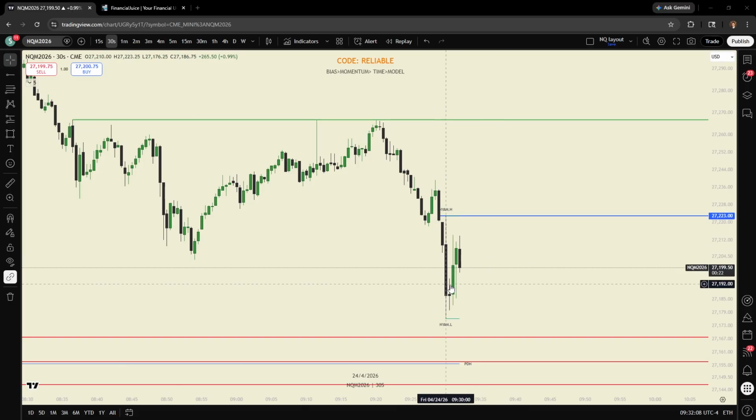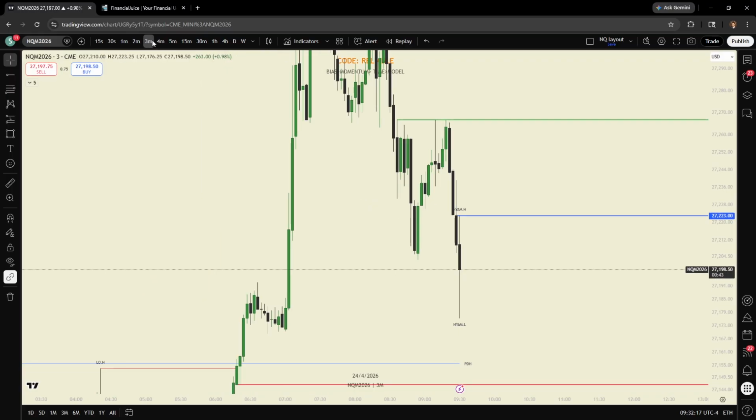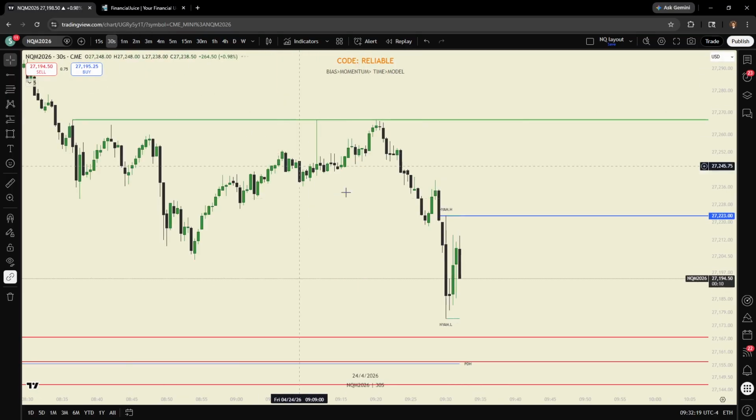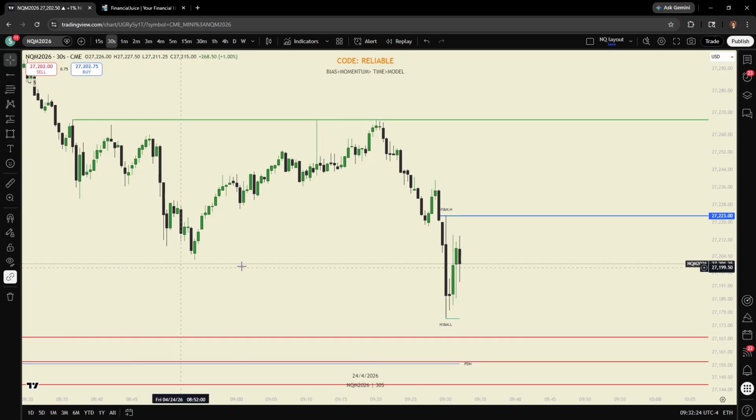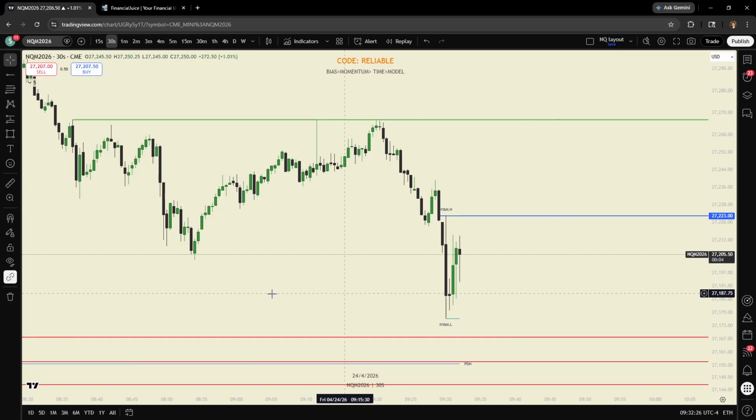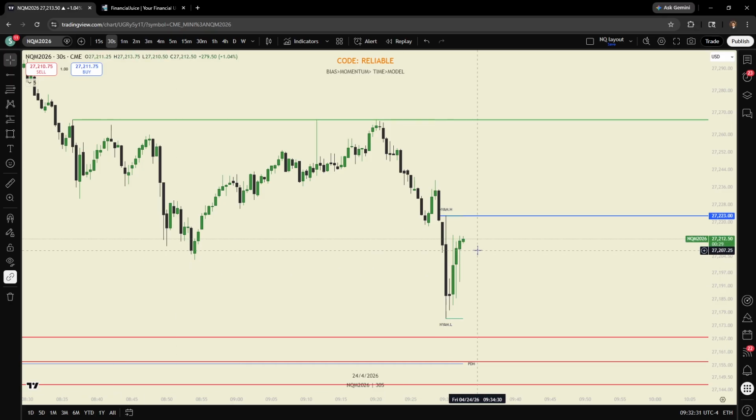So if this loses, it's because it's not aligned with time. And then did we run into a 1 or 2 or anything? Yeah, no. But like I said, A plus setup. So that works for you for a funded. Obviously, break even's gonna be that 9:30 wick, and we're gonna try and target the equal highs here.